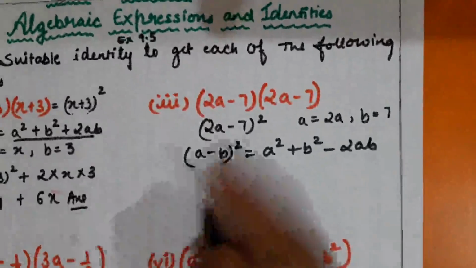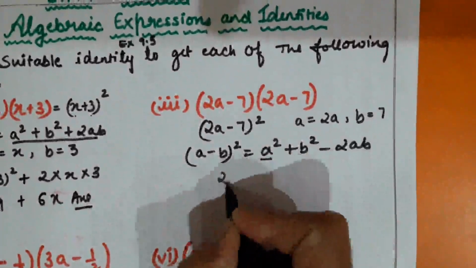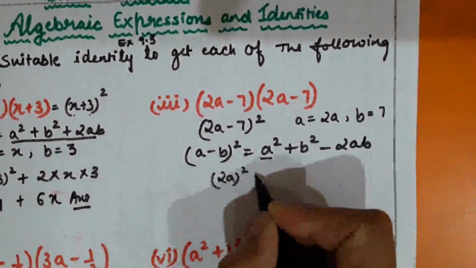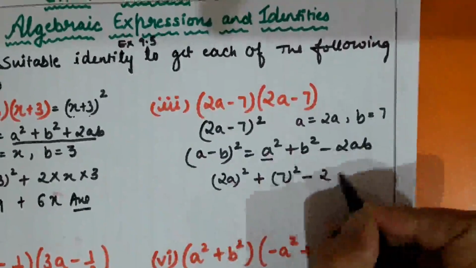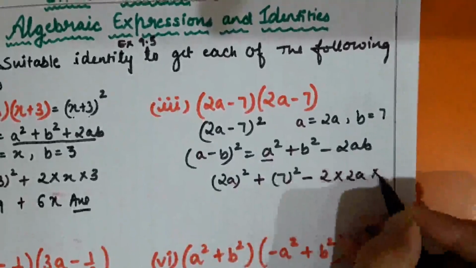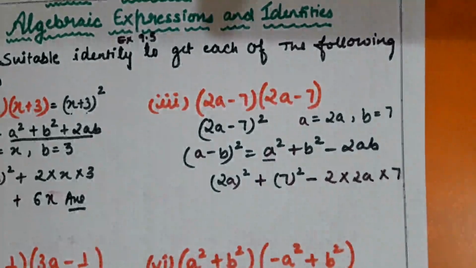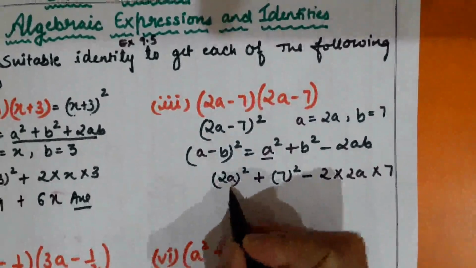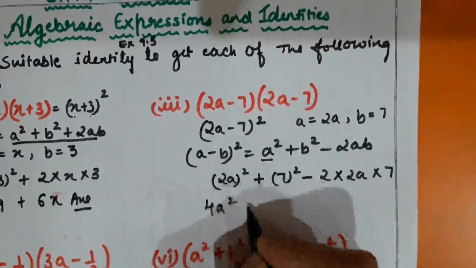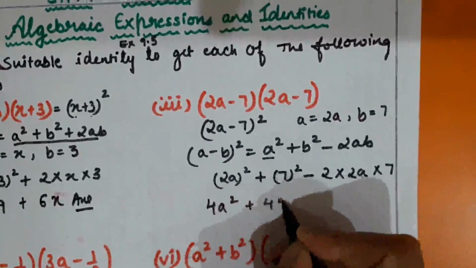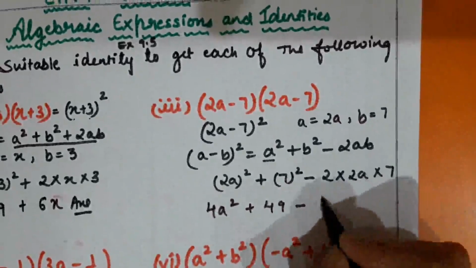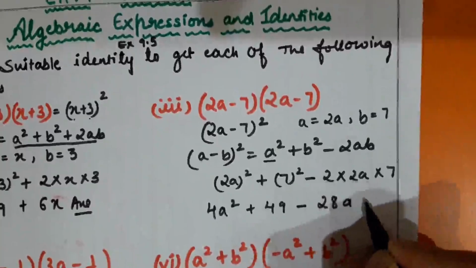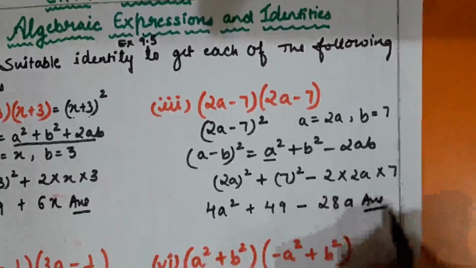Okay, so a² means (2a)², b² means 7², minus 2 into 2a into 7. Okay, so (2a)² means 4a², 7² means 49, minus 2 into 2 is 4, 4 into 7 is 28a. So this will be your answer.